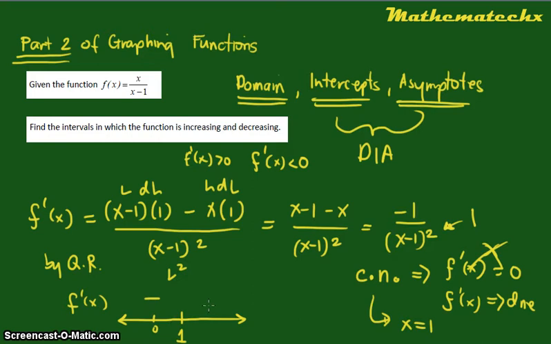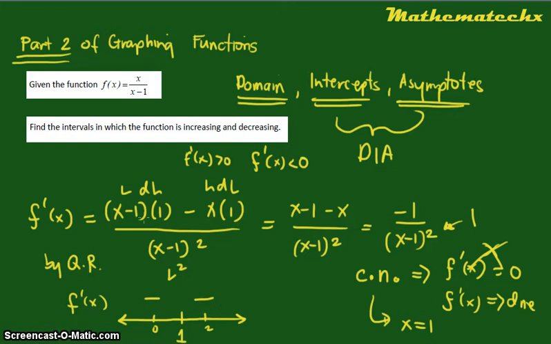And then at the right of 1, I'll pick 2. If I place it here, that will also be a negative number. So although x equals 1 is a critical number, the graph is decreasing before it, and after x equals 1 the graph is still decreasing.